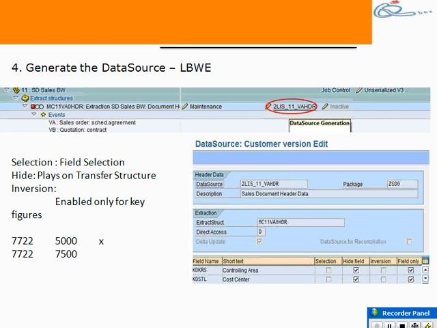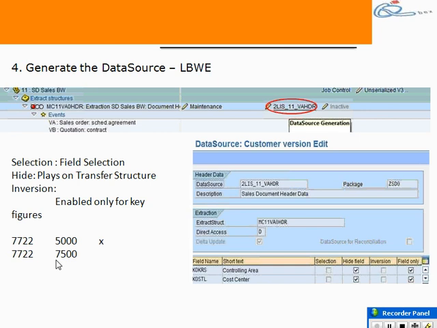Now, if I enable that inversion checkbox on the net value, which is a key figure, then when these two records come into BW, in the PSA the before image key figure values will be multiplied with -1 and then taken into BW.